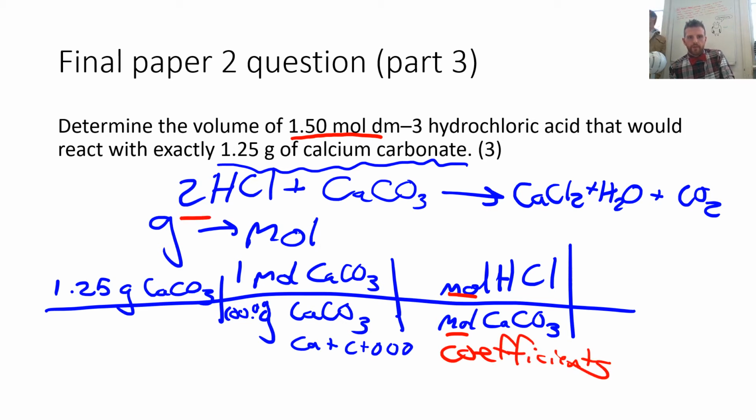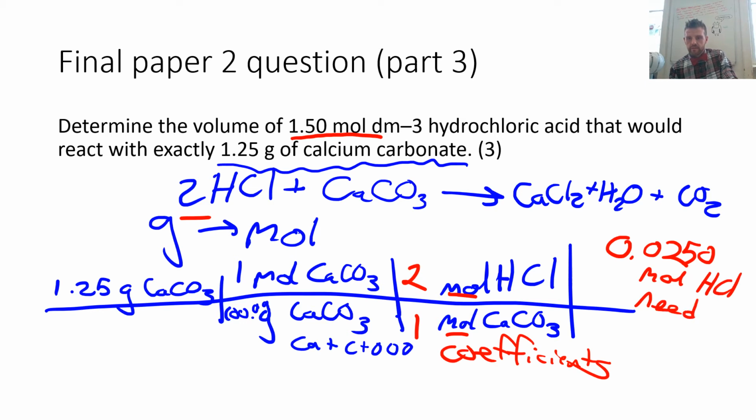So I've got 2. When you do this calculation, you end up getting 0.0250 moles HCl needed.